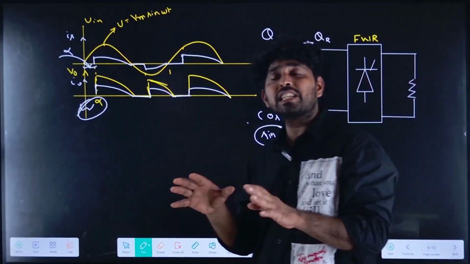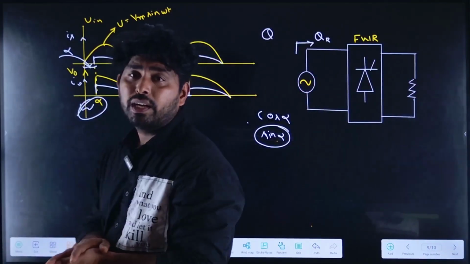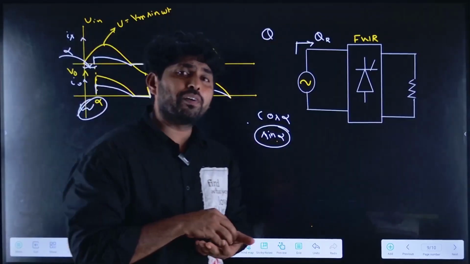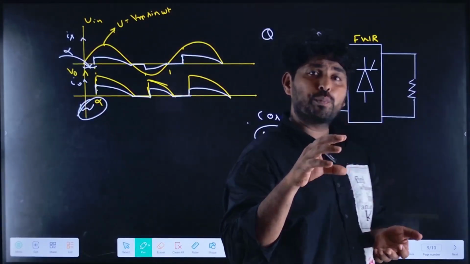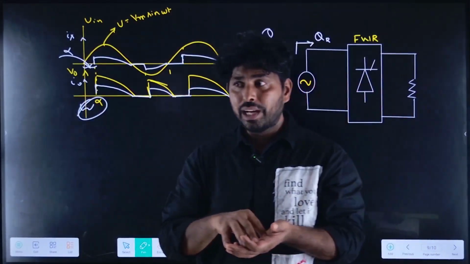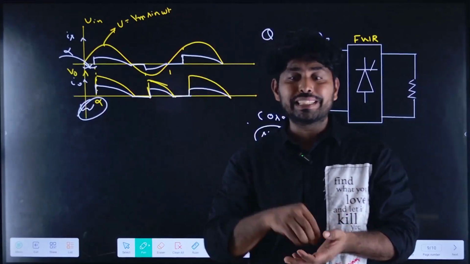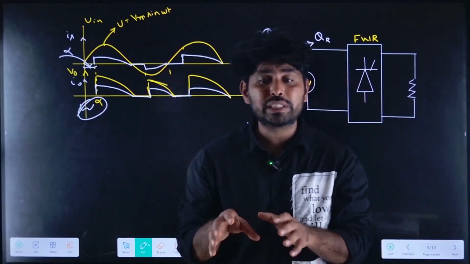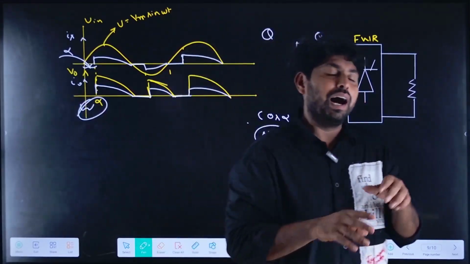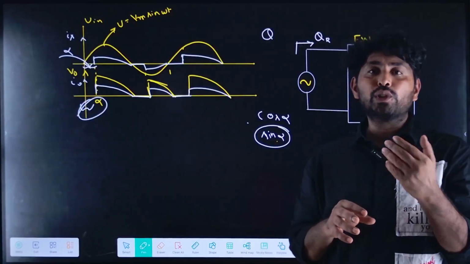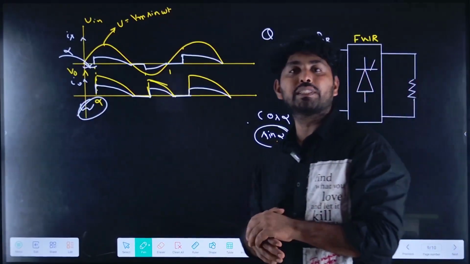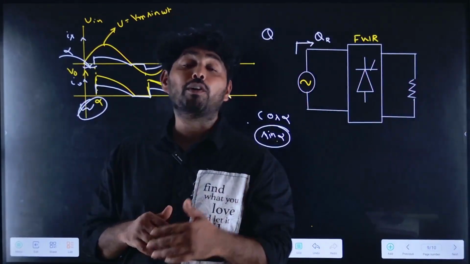So what is the function of reactive power? It produces the flux in the machines and maintains the output voltage constant. So it is used in voltage regulation, in stability improvement, and in power factor improvement.